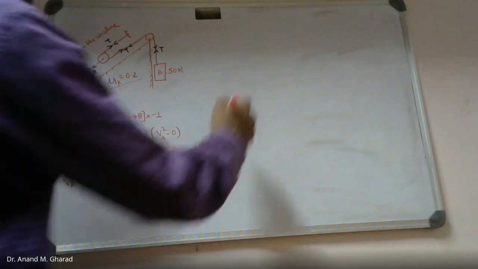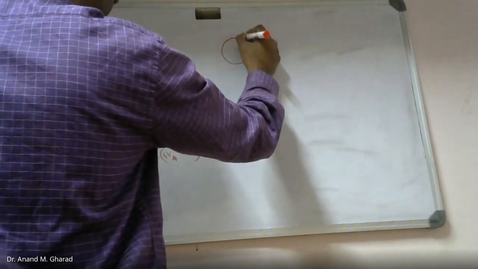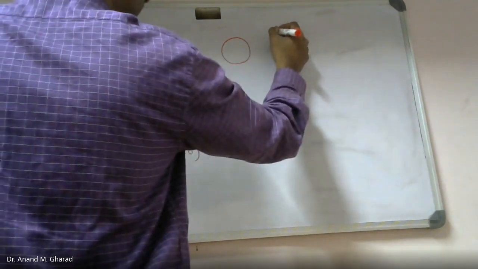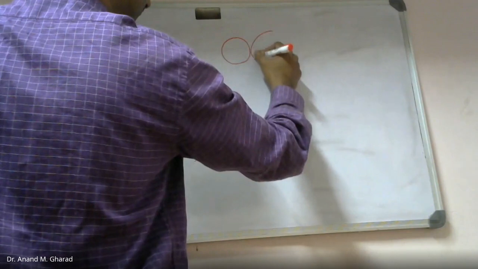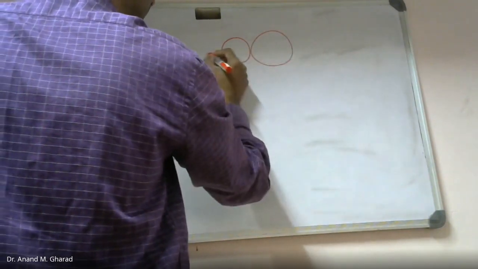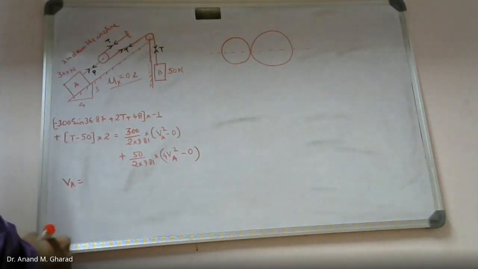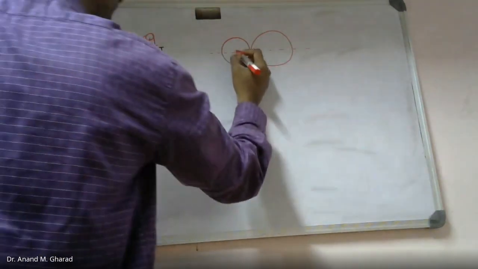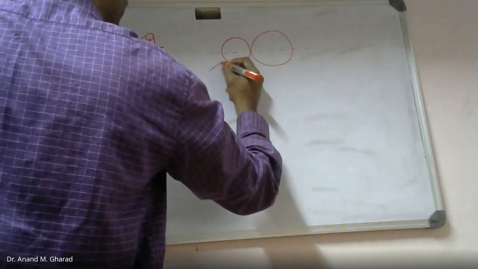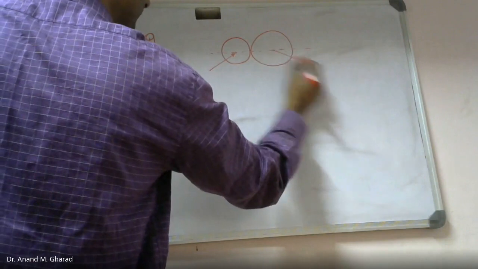So let us try to solve one numerical pertaining to oblique central impact condition. Okay? So there are two rigid bodies, you can say. They are moving with the help of these velocities which are acting in this manner.